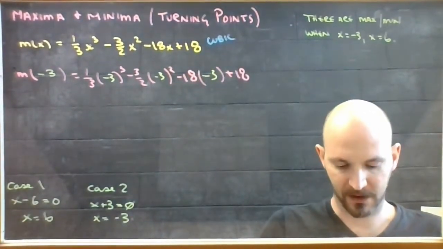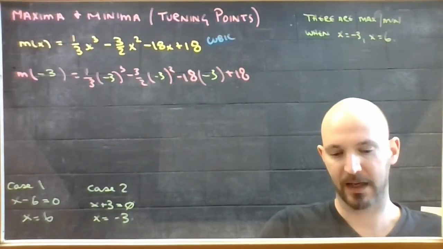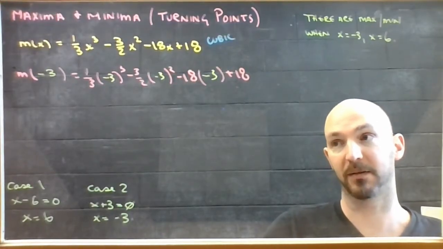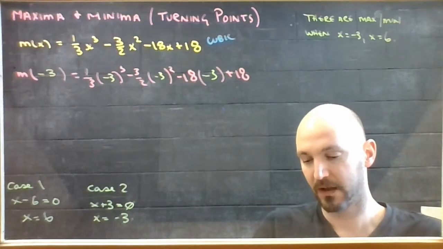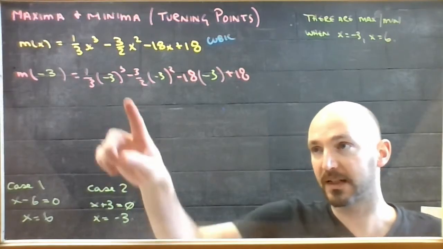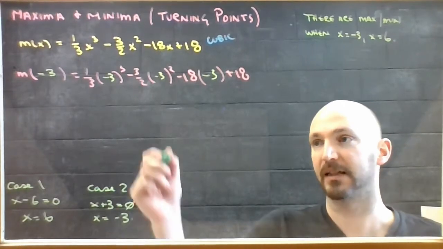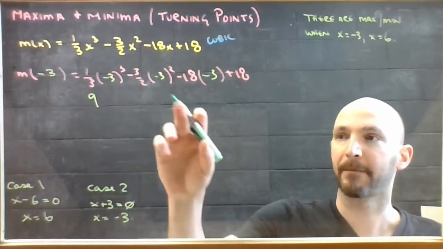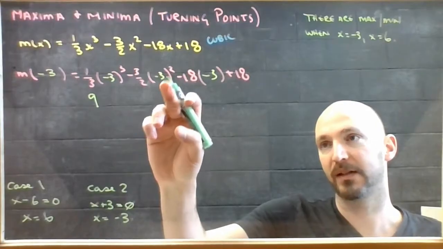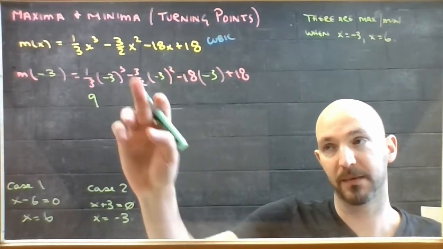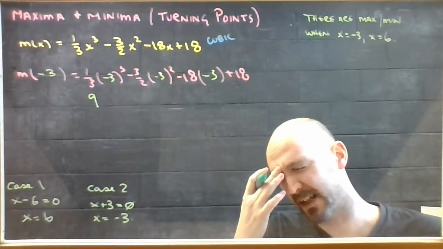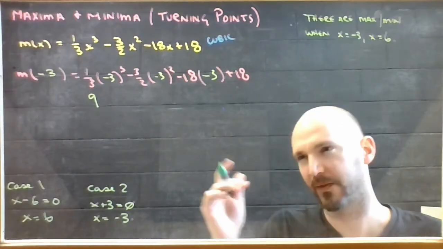So I'm just going to grab a calculator and I'm going to do that. And using proper calculator technique, I'm going to do it 1 term at a time. So 3 cubed is 27, and 27 divided by 3 is 9. Negative 3 squared would be 9 times negative 3 is negative 27. Negative 27 cut in half is negative 13.5.